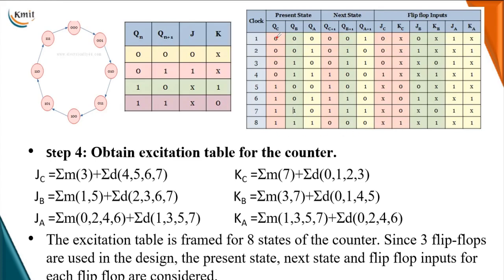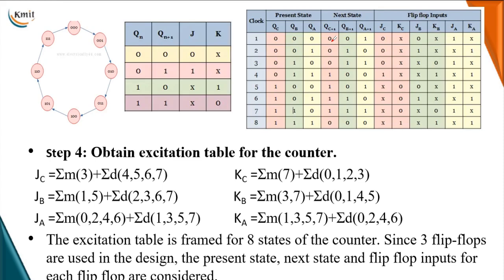Now, based on the state transition from present state to next state, QC to QC plus 1, we are going to determine the inputs. By comparing QC and QC plus 1 in every clock pulse, we write the JC value as well as the KC value using the excitation table of the JK flip-flop: 0 to 0 is 0 don't care, 0 to 1 is 1 don't care, 1 to 0 is don't care 1, 1 to 1 is don't care 0. First let me write the JC, KC values.